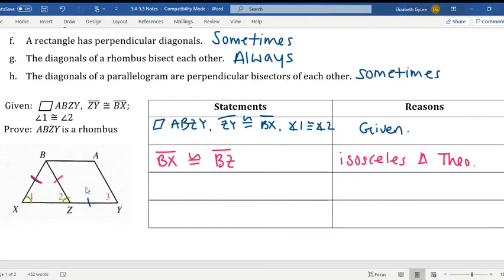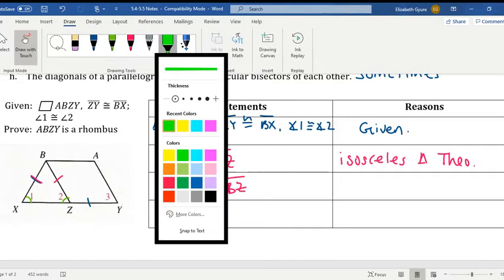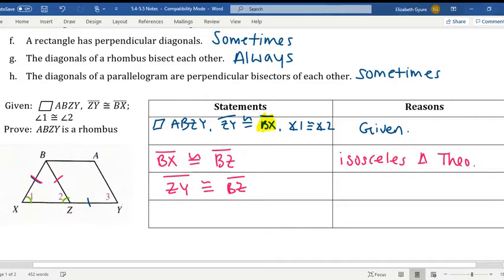So we're going to use our transitive property. We're going to say that segment ZY is congruent to segment BZ. We're using the transitive property for that because both were congruent to BX, so therefore they're congruent to each other. Let me rewrite this. Oh, didn't mean to highlight it.